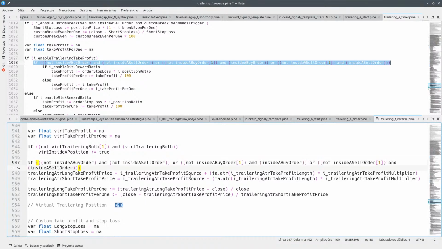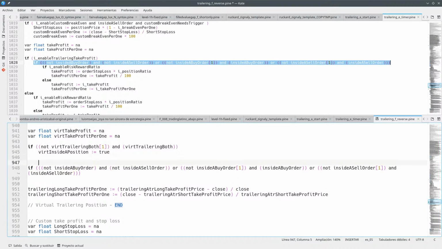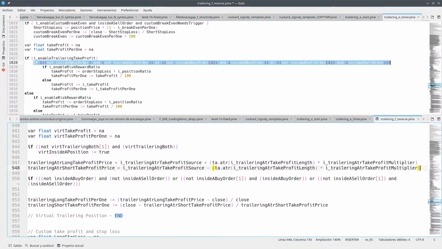So everything here, I mean, not the trader take profit, which should be done always, because that's something that you need to do always. It's a pity, but that's how it works.